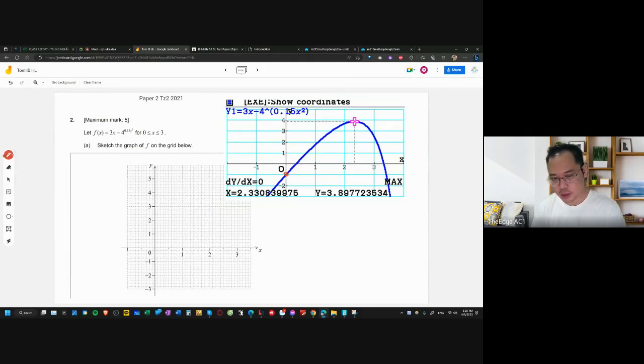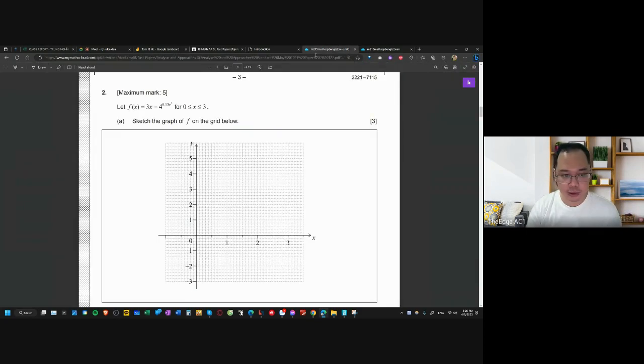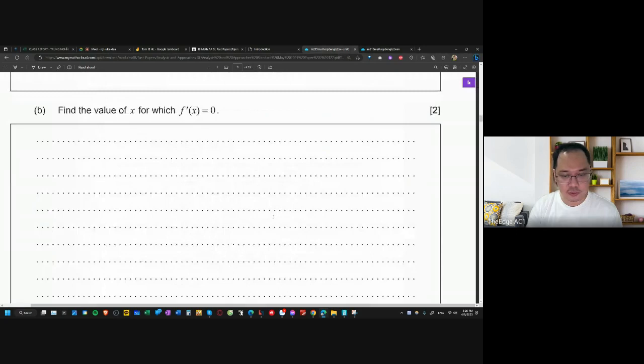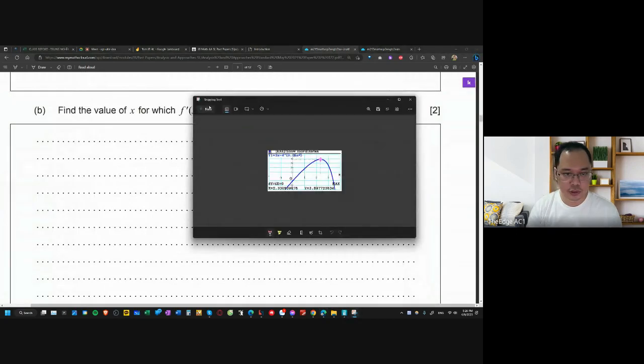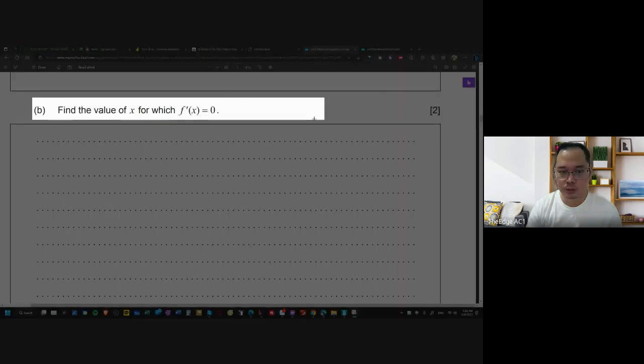Y-intercept is like -1 here, x-intercept here and here. Local maximum is approximately 3.9 at x equals 2.33. The second way to answer question B is to find the value of x for which the derivative equals 0. 3 marks, 2 marks.